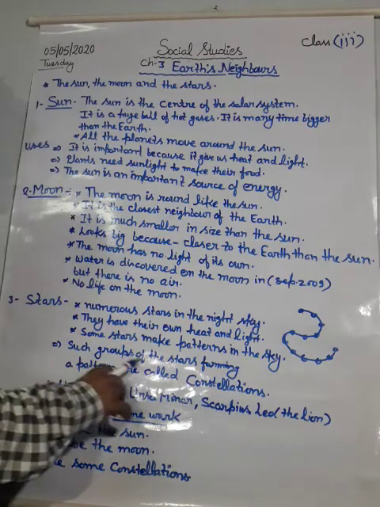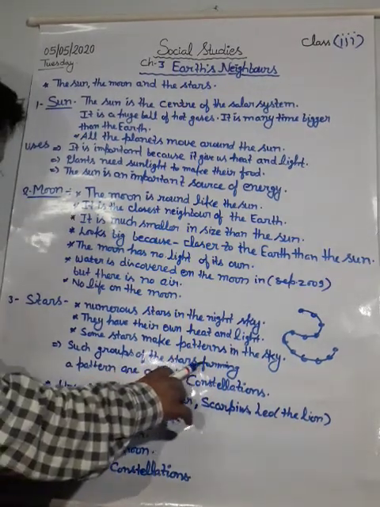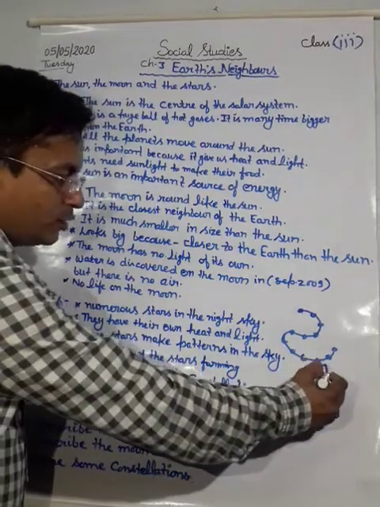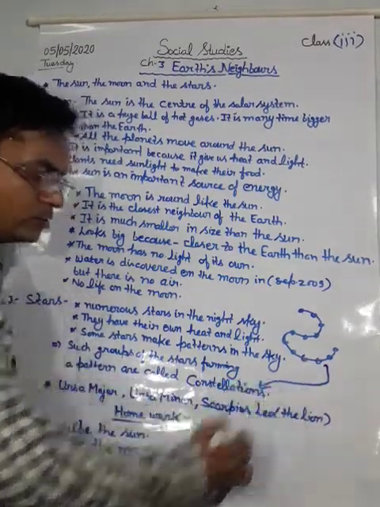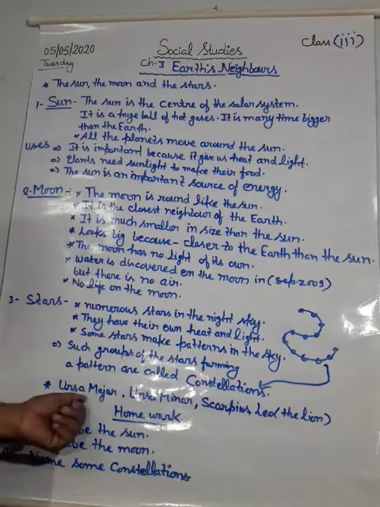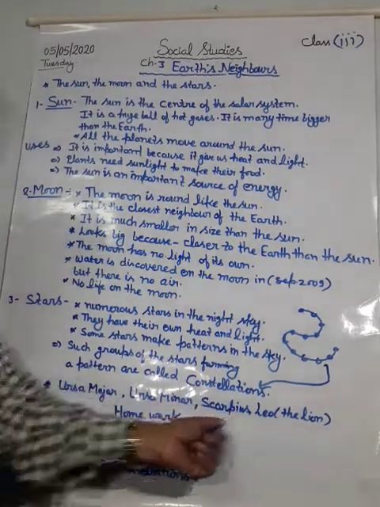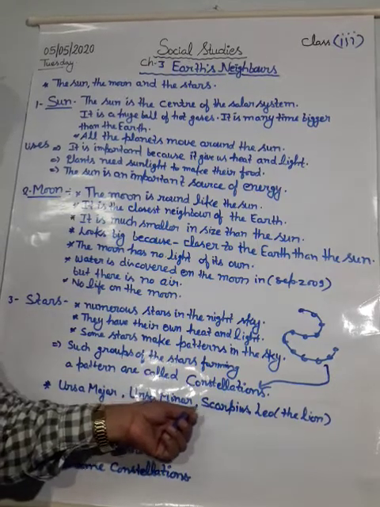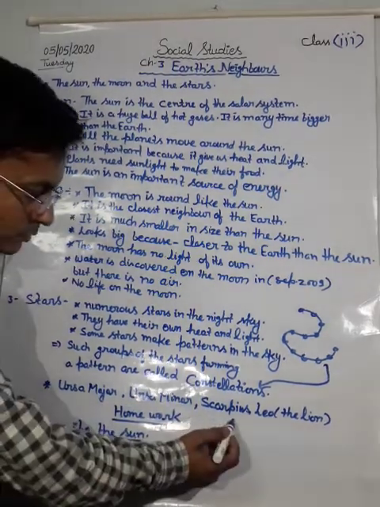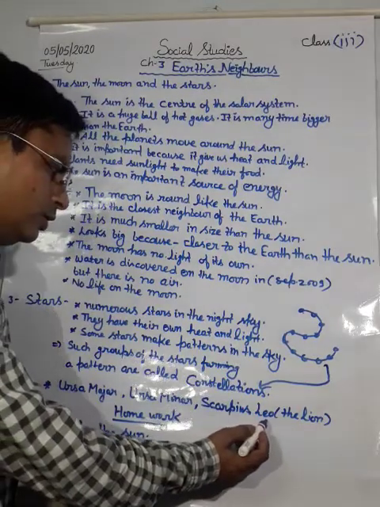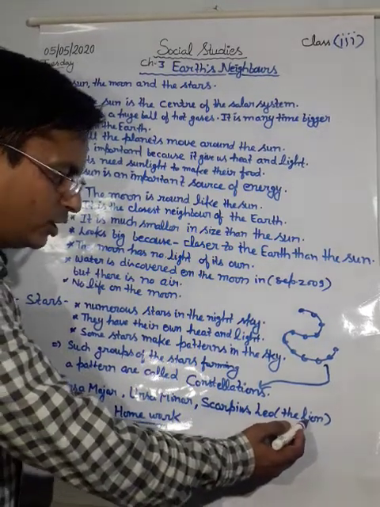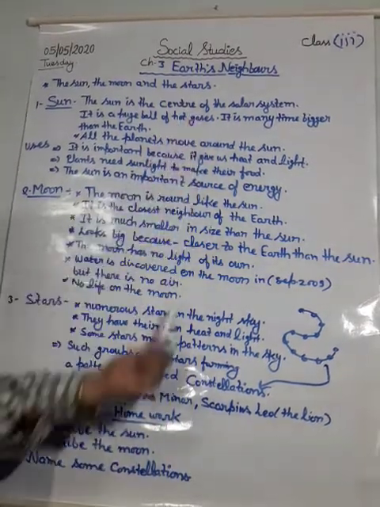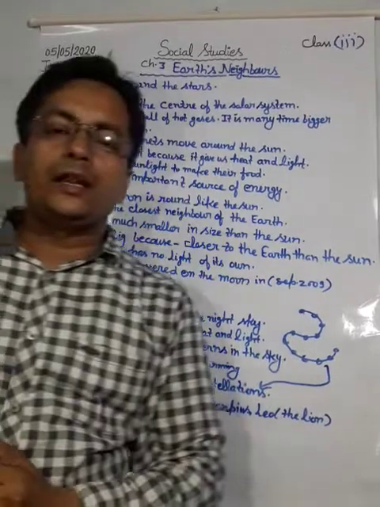Such groups of stars forming a pattern are called constellations, and here are some constellations: Ursa Major, Ursa Minor, Scorpius, Leo, that is the lion. So you can see here the Earth's neighbors.